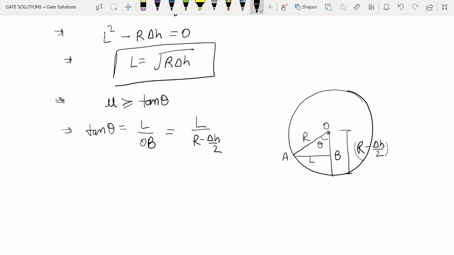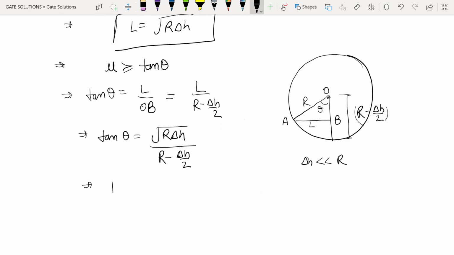So we have derived L is equal to under root R delta H. So we will put here tan theta equals under root R delta H divided by R minus delta H by 2. But delta H is very small compared to R, so we can neglect the delta H by 2 term.